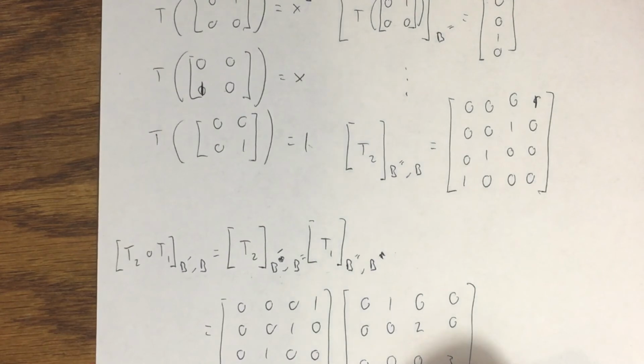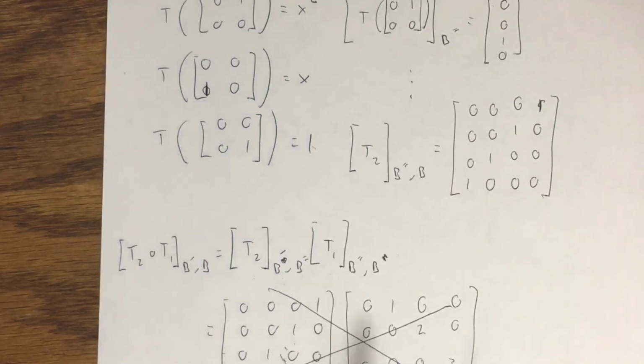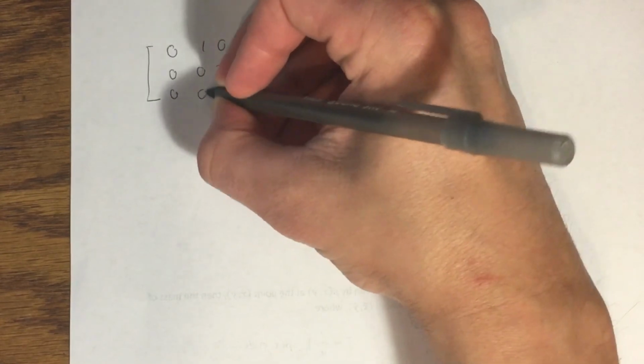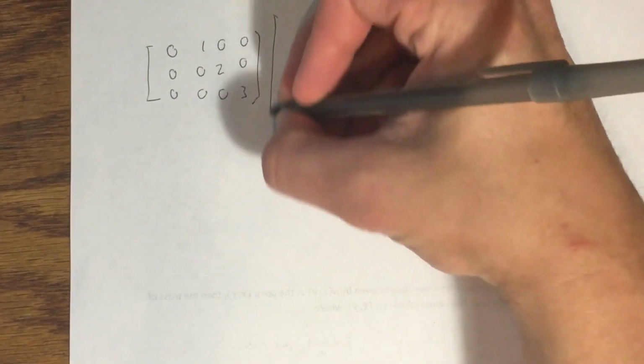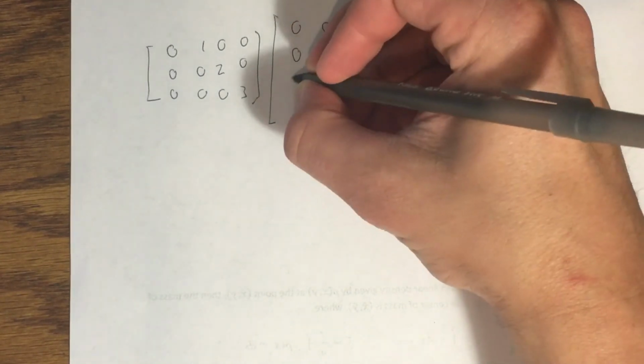Sorry, I have this in the wrong order, because this is T1, so I have to reverse these. Let's fix that. So here's what it should look like: 0, 1, 0, 0, 0, 0, 2, 0, 0, 0, 0, 3. And then that kind of reversed 4 by 4 identity matrix.